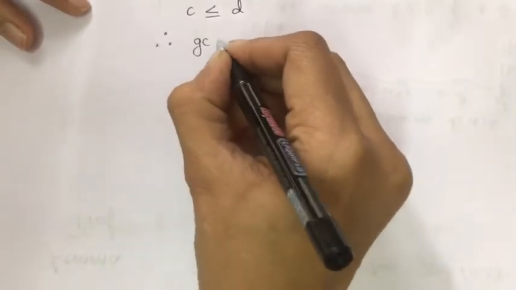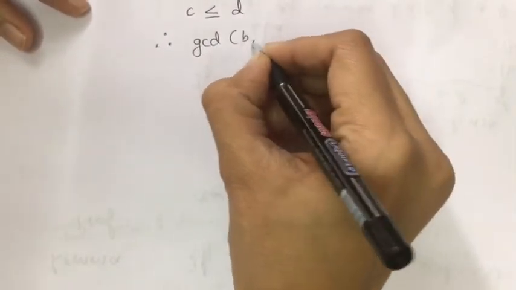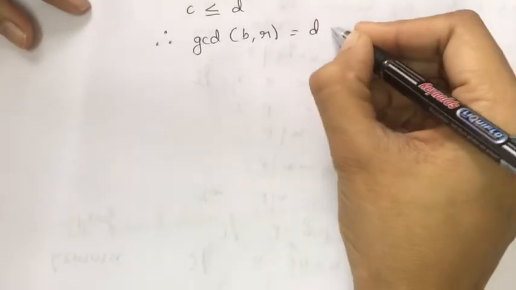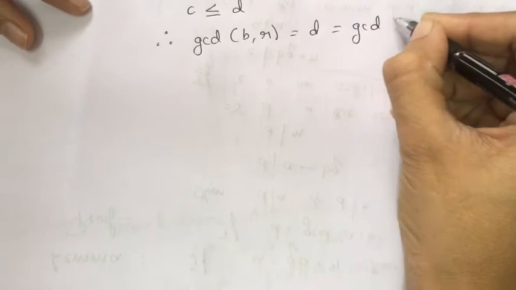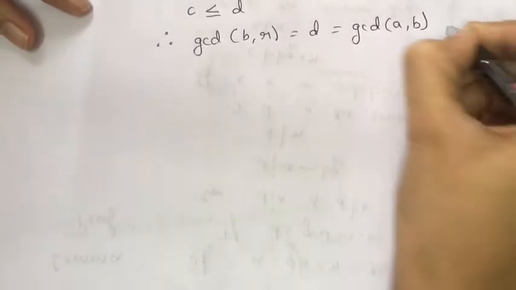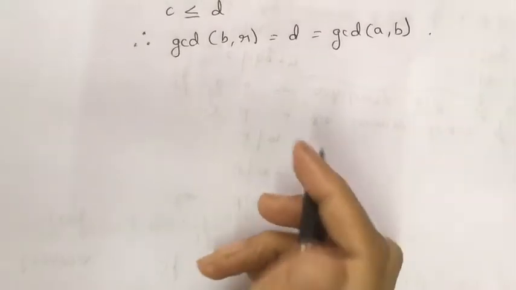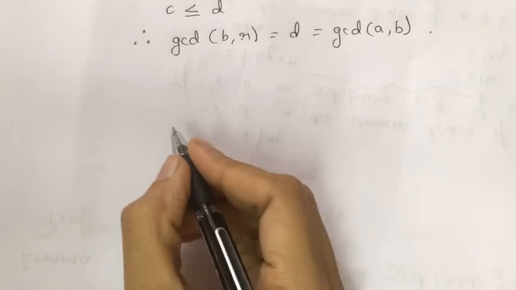Therefore, the GCD of B and R is D, which is nothing but the GCD of A and B. Hence the proof. I'll explain this by taking an example.